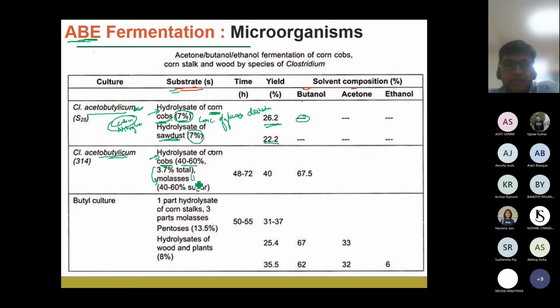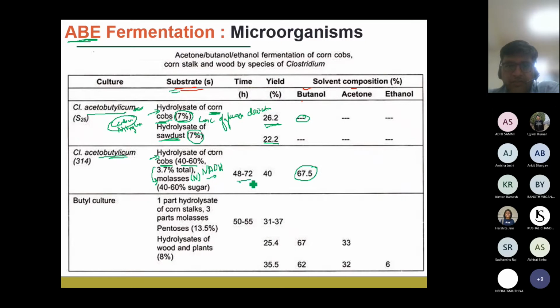The advantage of molasses is that it is rich in nitrogen sources and other components. It also has other cofactors, especially the enzyme that is required for the production of the NADPH. This is why we see that it shows the production of the butanol.